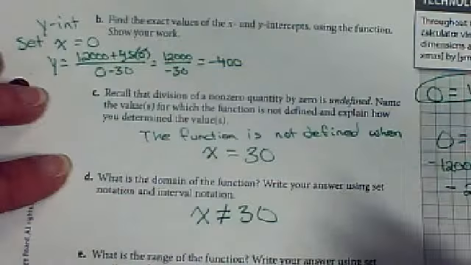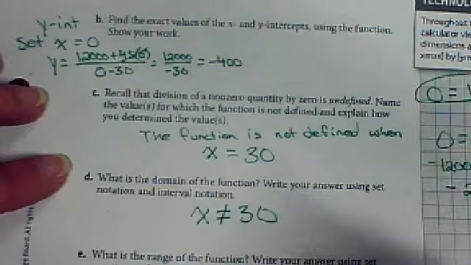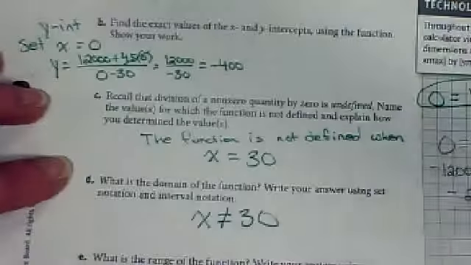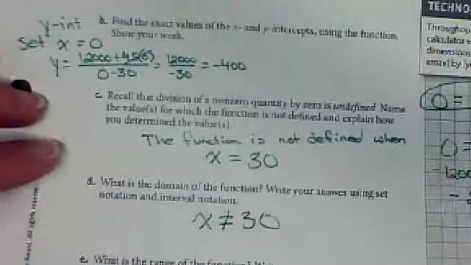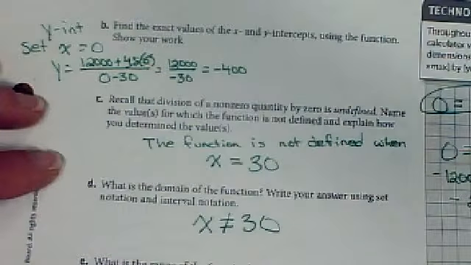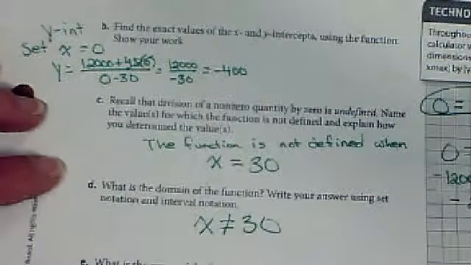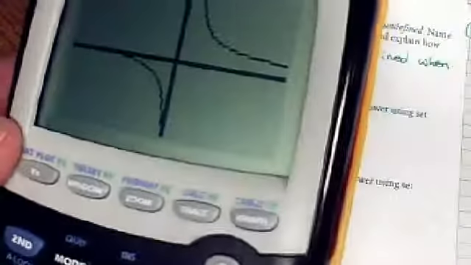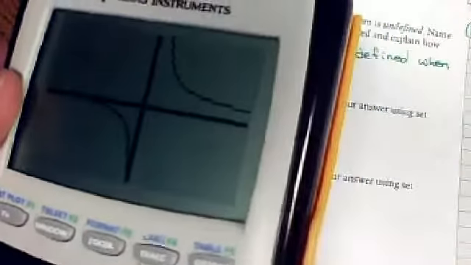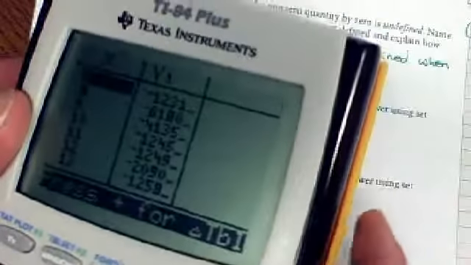Now let's think about the range. What's the range of this function? What am I getting out? Let's see what kind of y values we can get. So I'm going to look at my table for a second.